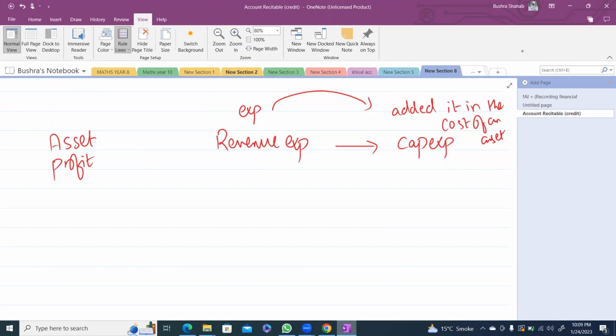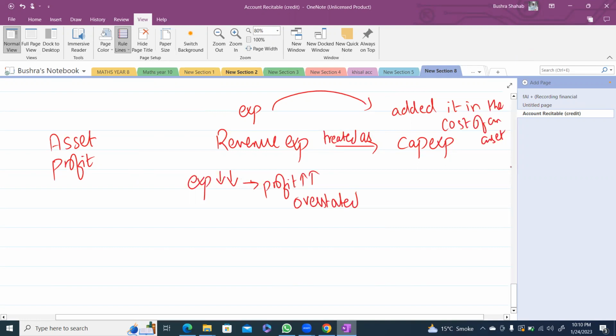See, there was a revenue expenditure, for example maintenance charges, a day-to-day expense. You have treated it as the cost of an asset, as capital expenditure. So expenses will decrease, right? So what will be the effect on profit? It will increase. So you will say that profit will be overstated.